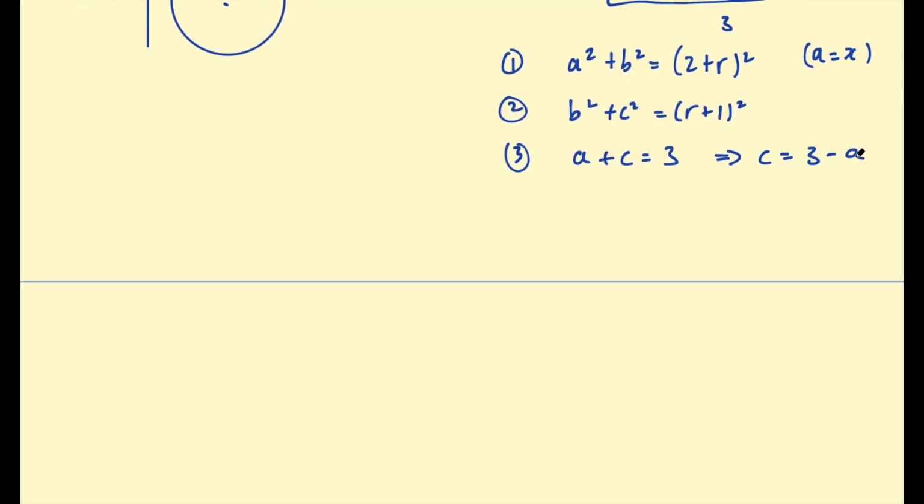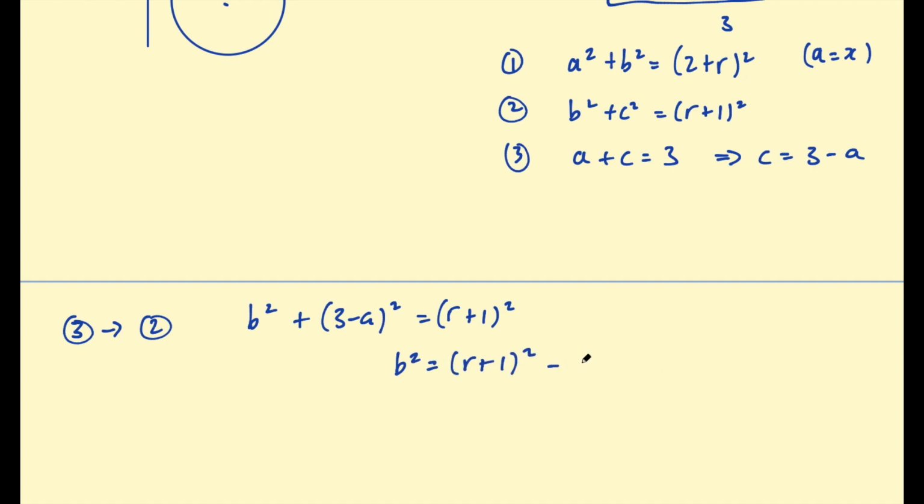So plugging in 3 take a for c, we're taking equation 3 and putting that into equation 2. We get b squared plus (3 take a) all squared equals (r plus 1) all squared. And so b squared equals (r plus 1) all squared take (3 take a) all squared.